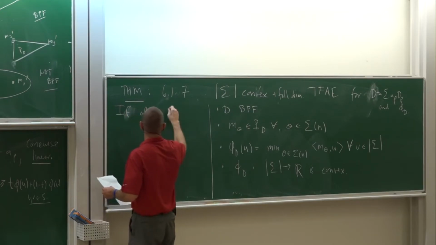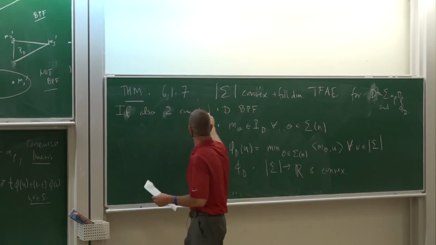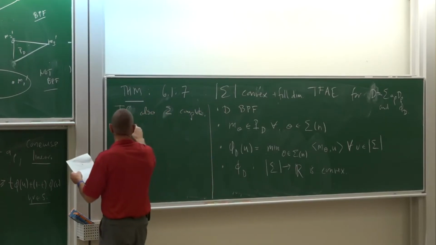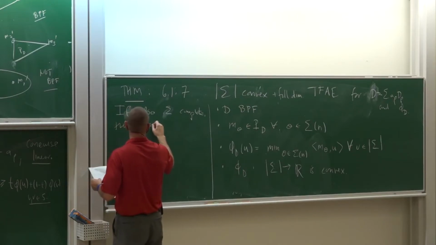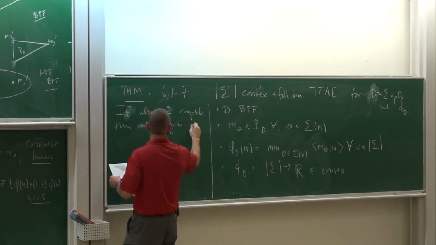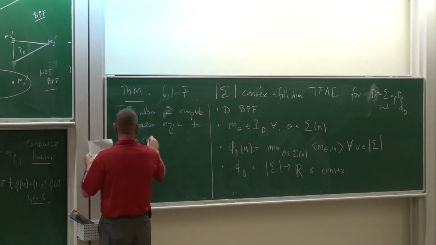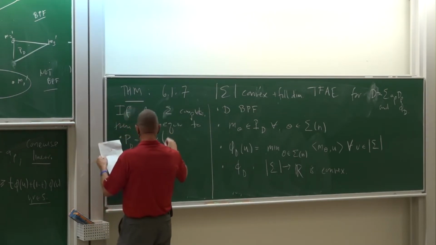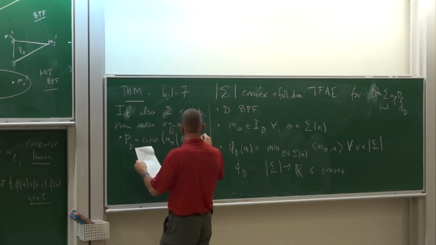also sigma is a complete fan, then these are also equivalent to P sub D being the convex hull of M sigma for sigma in the fan.